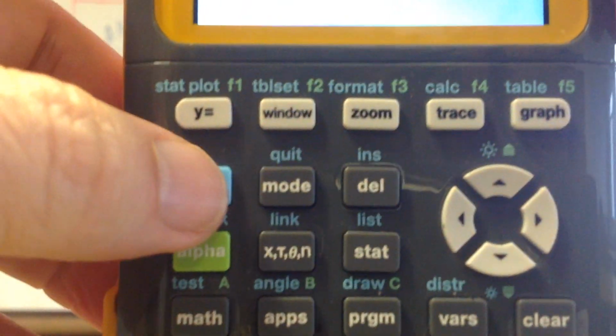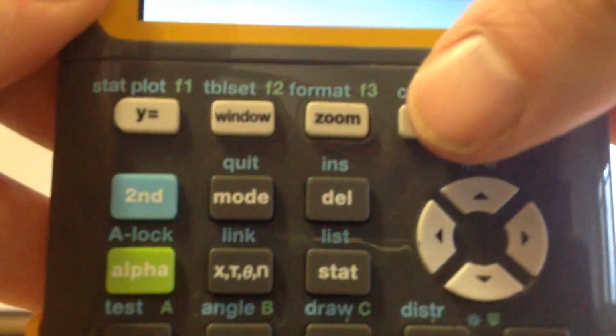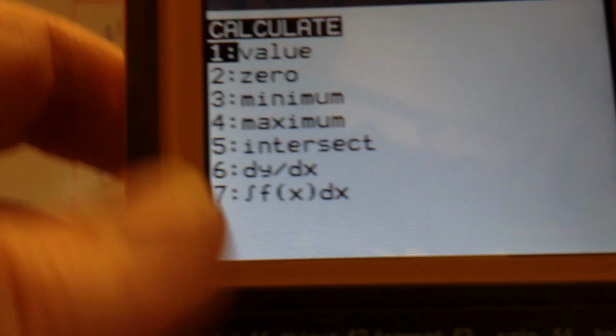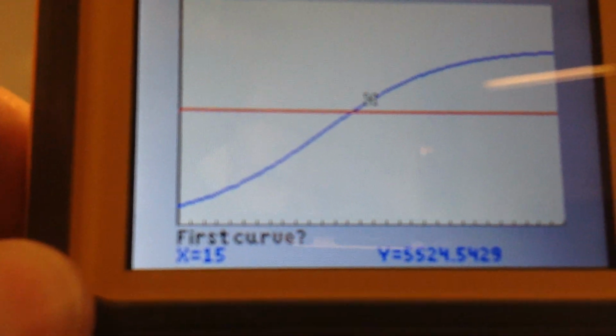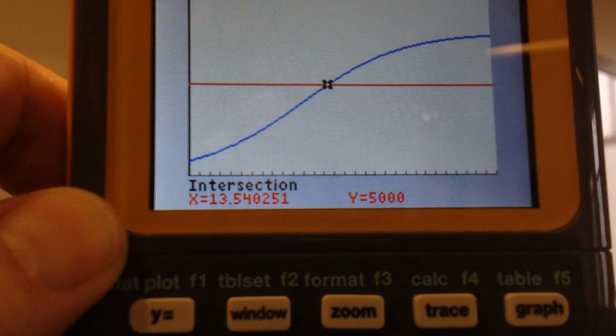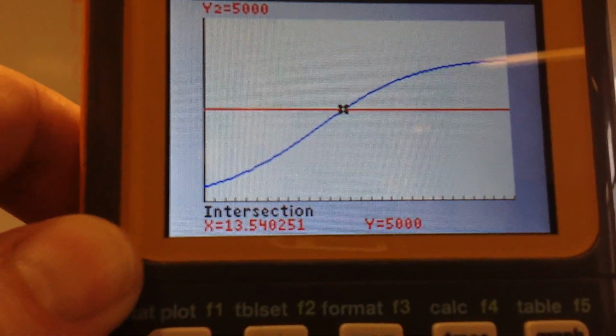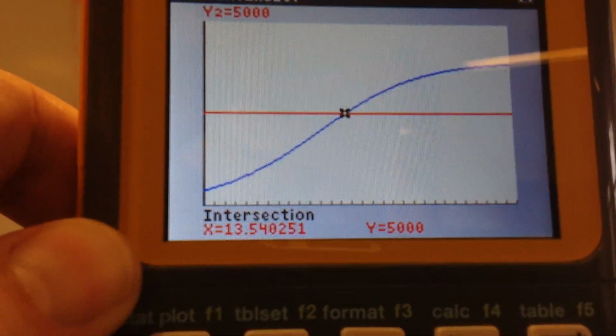So we go to the calculate menu, second trace, choice number 5, and then we hit enter to answer yes to first curve, second curve, and guess. And then we'll come out with the intersection. Y is 5,000, x is about 13.54 years.